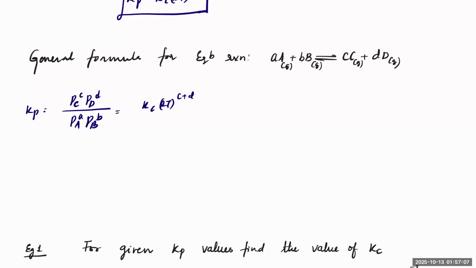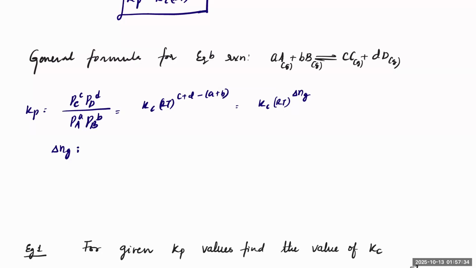Kc into RT raised to power of C plus D minus A plus B. So that can be written as Kc into RT raised to power of delta Ng. So delta Ng basically tells us the difference in the gaseous moles of products and reactants.